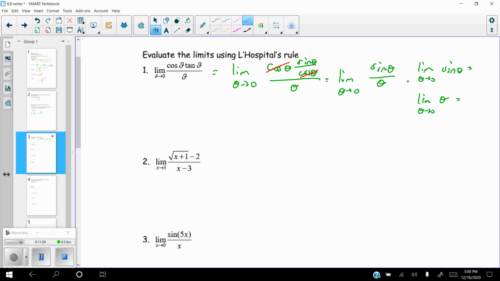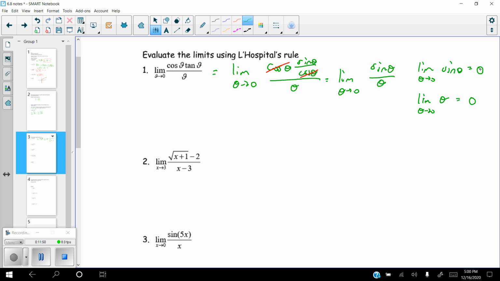Matter of fact, let me get rid of that equal sign because that is not equal to anything. This is showing that the limit of the numerator, if you plug in 0, is 0. The limit of the denominator, if you plug in 0, is also 0. You do not want to put that as a fraction because it is a non-true statement. You cannot have 0 over 0. It technically doesn't mean anything. So we're showing that the limit of the numerator and denominator are both 0.